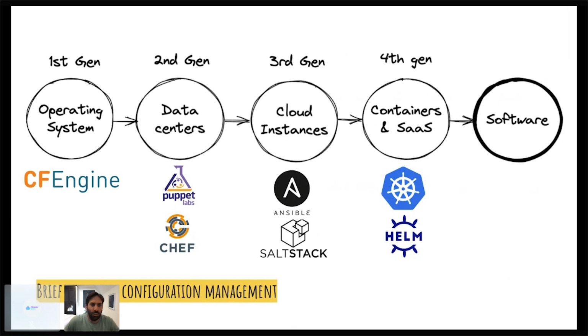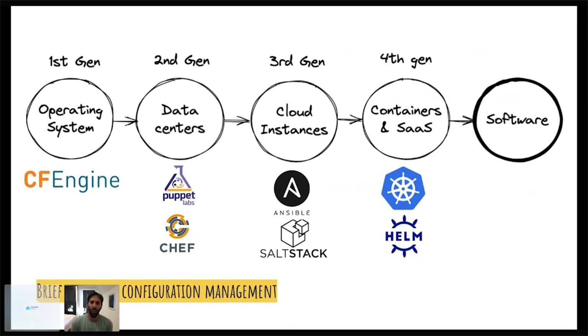We started to see Chef and Puppet managing hundreds and tens of thousands of servers with a better syntax than CF Engine, with better code base architecture and a better server-client architecture that allowed various things and more features, and also reports on what's going on in the system.